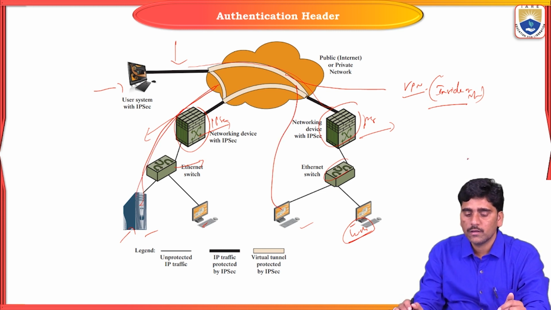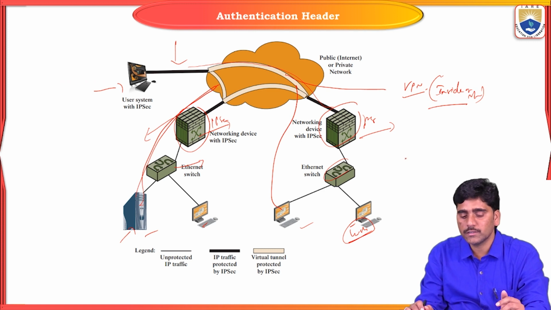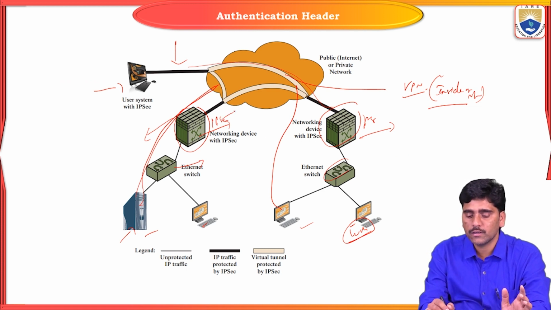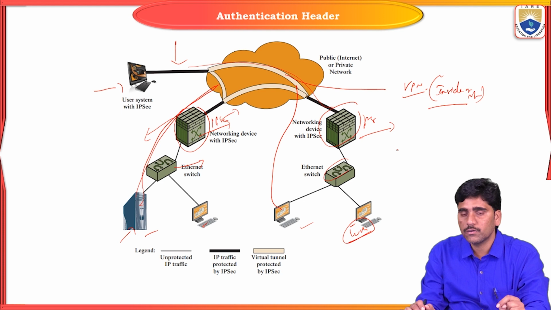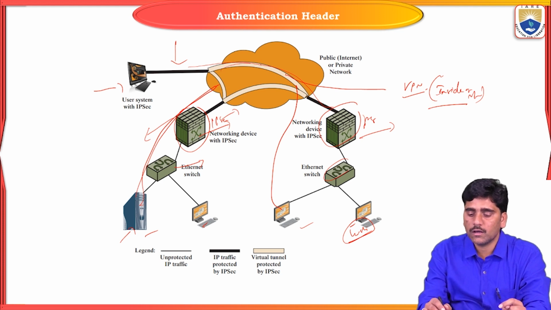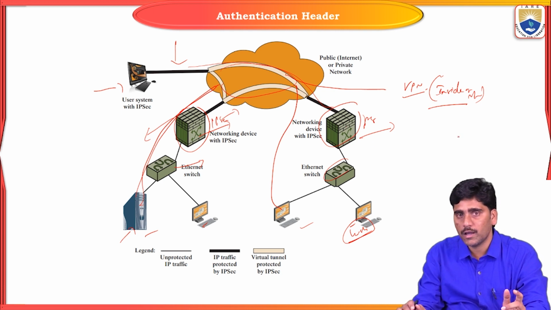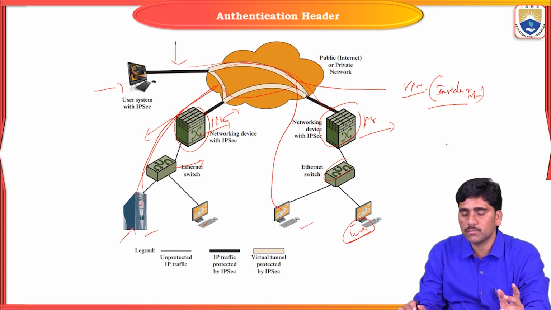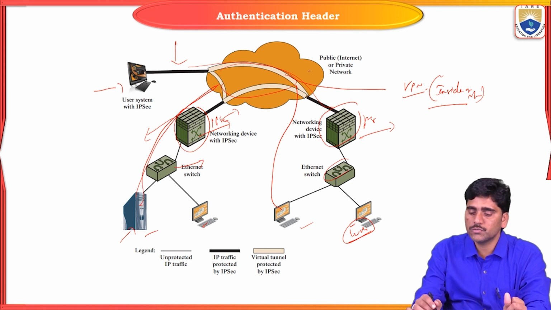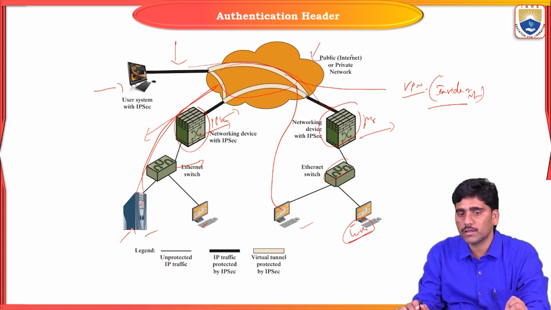Because of this IP secure authentication header, which provides the security, this data is not going to be hacked by a hacker or modified by intruders. So this is one virtual private network implemented in the public network.